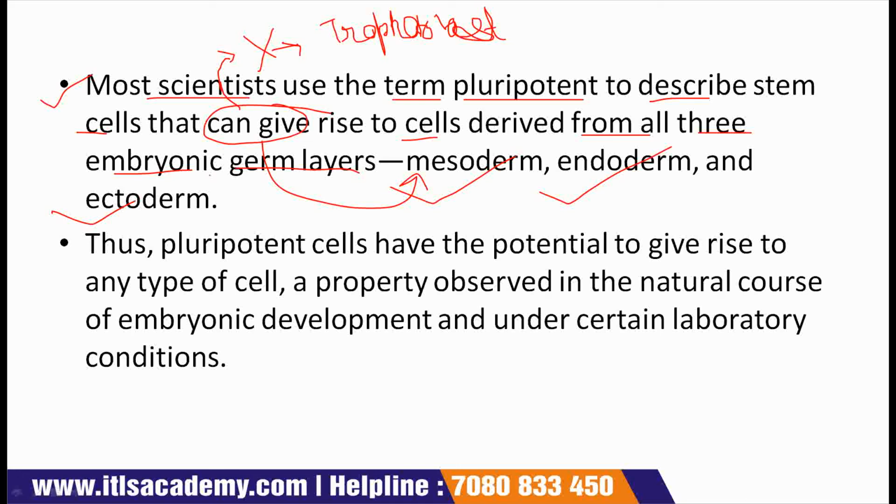So we can say that pluripotent cells can give rise to all of the cell types that make up the body, and embryonic stem cells are considered as pluripotent stem cells.